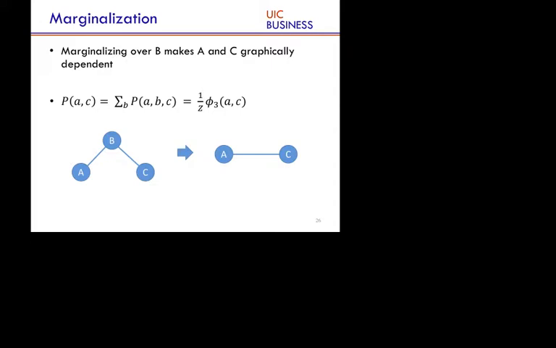For example, if I have a graph or even a bigger graph where these could be sets, and if I marginalize over B, all I mean is that I sum over all the realizations of B. Then it makes A and B graphically dependent, in the sense that if I marginalize over B, I get something like this.